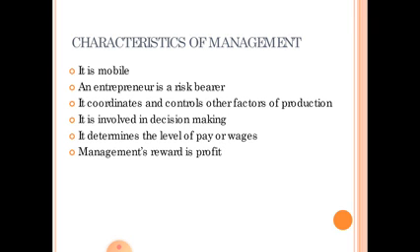Management coordinates and controls other factors of production. It is involved in decision making. It determines the level of pay or wages. Management's reward is profit. Yes, the reward of an entrepreneur is profit.